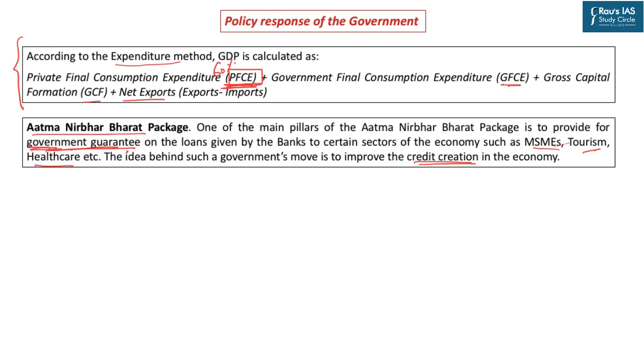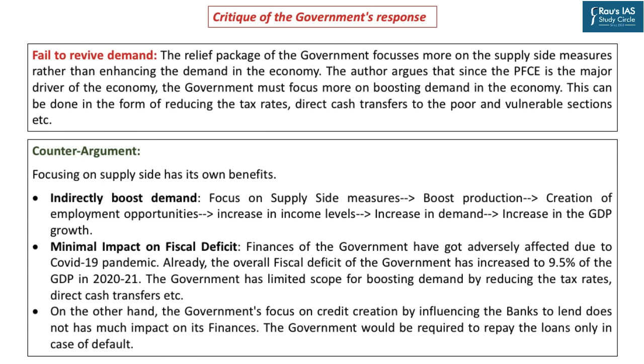In this regard, the government has sought to improve credit creation by giving government guarantee for loans to the private sector. But this government guarantee is for chosen sectors that have been affected by COVID-19. But the author is not impressed by this idea of focusing just on credit creation. The author has highlighted the fact that the government has focused more on the supply side rather than enhancing the demand directly.